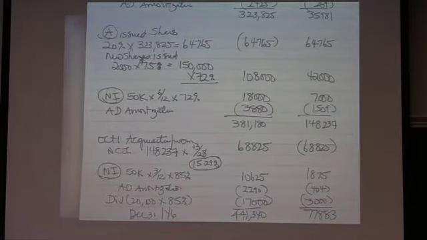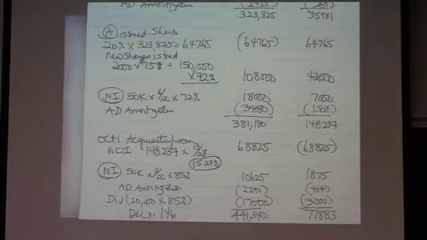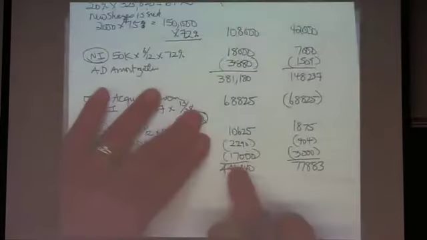Now, I want to be able to prove that this is correct. And we're going to prove it based on that same analysis in the question. So remember this analysis? We're going to actually redo this to make sure that the actual final number is correct.